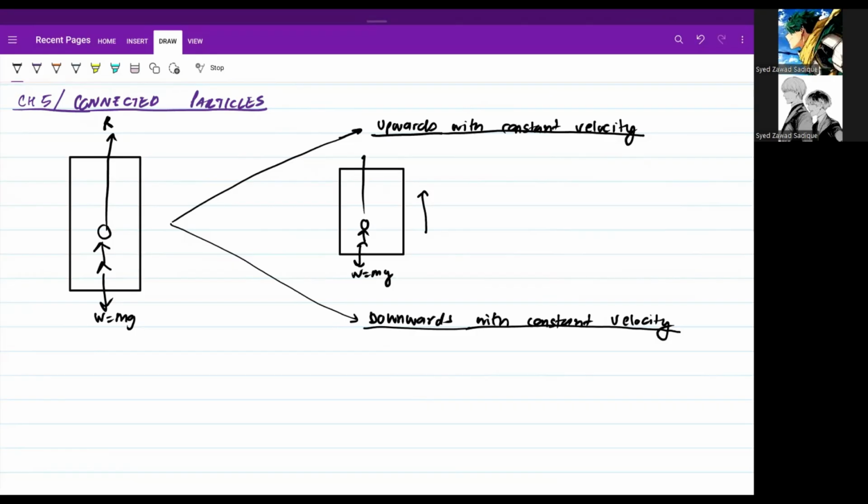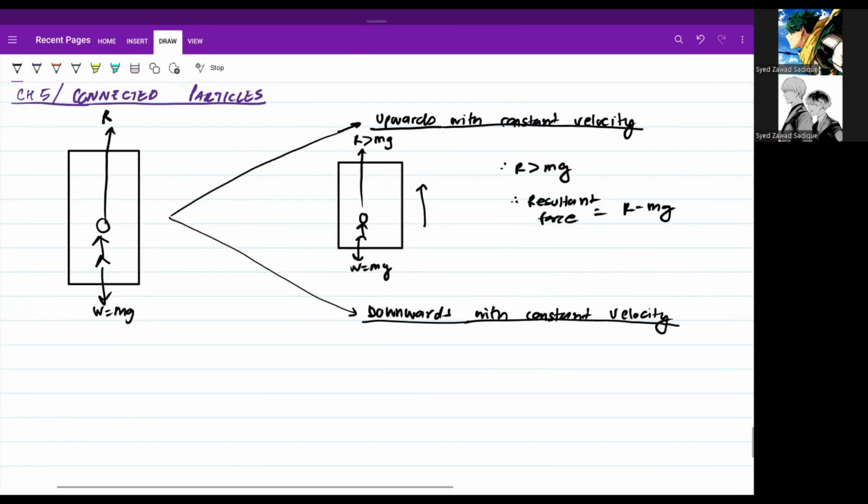As the lift is going upwards, the normal contact force will be greater than the weight. Therefore, R is greater than mg. We can say the resultant force is equal to R minus mg.